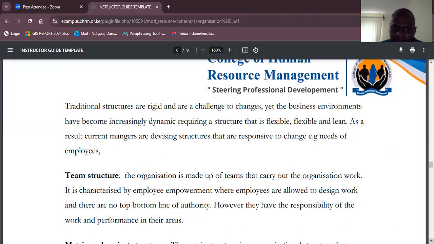So as a result, current managers are devising structures that are responsive to change and the needs of employees. One of the critical areas that managers nowadays are looking at is the team structure, where you incorporate teams most of the time because of the level of work that you want to achieve. And when people are working as a team, they'll be able to motivate each other.